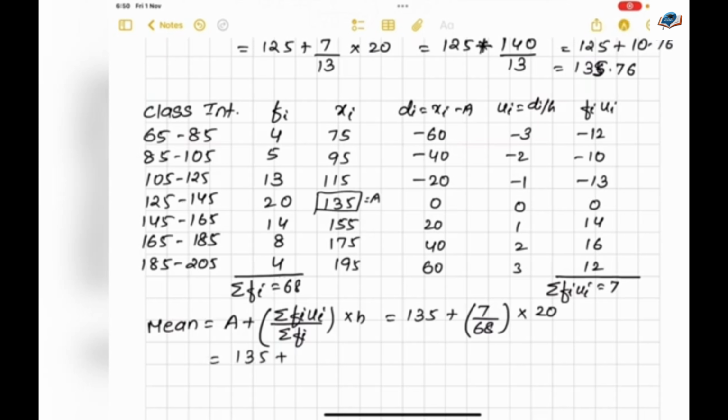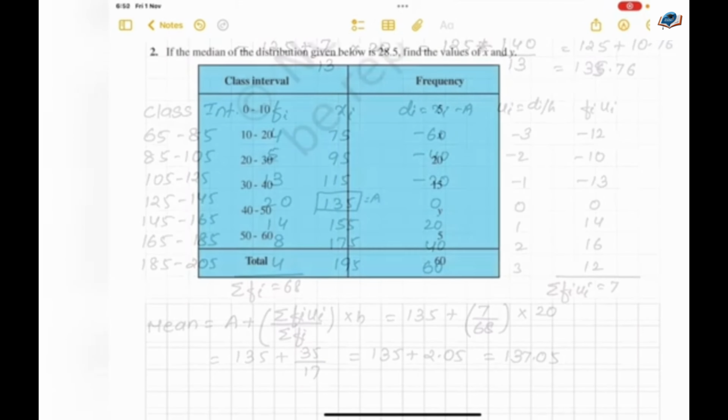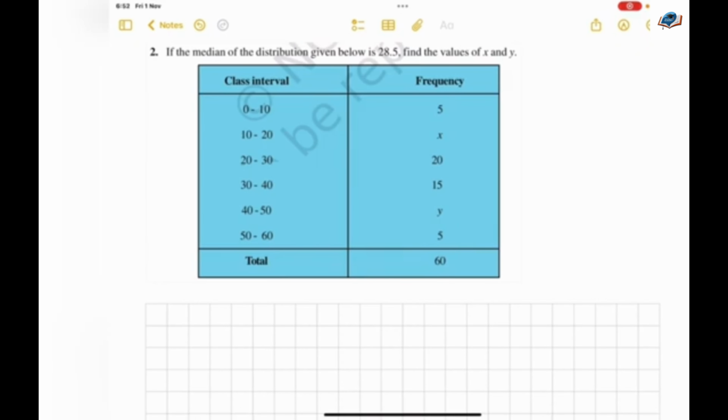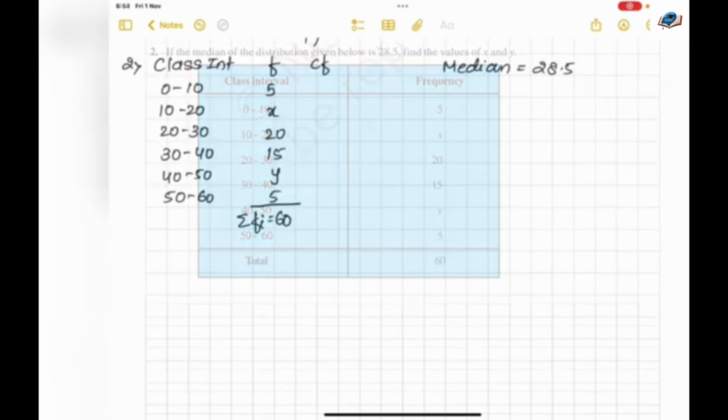So that is 135 plus 35 upon 17. So that is 135 plus 2.05. So that is 137.05. Now second question says if the median of the distribution given is 28.5, find the values of.